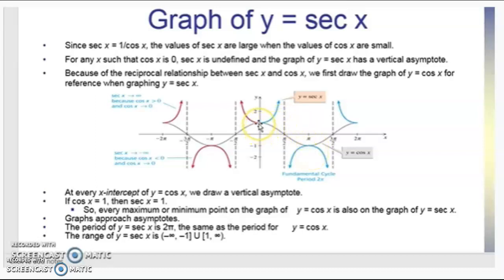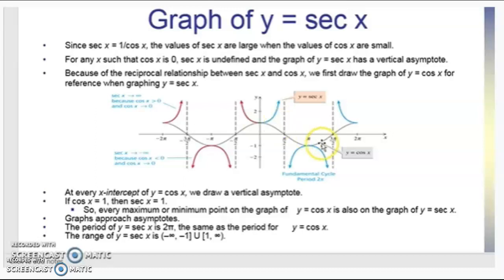When the cosine function is going up, when it has a maximum, the secant function is a parabola opening upward, approaching both asymptotes, but never crossing them, with a vertex at that maximum value on the cosine function.